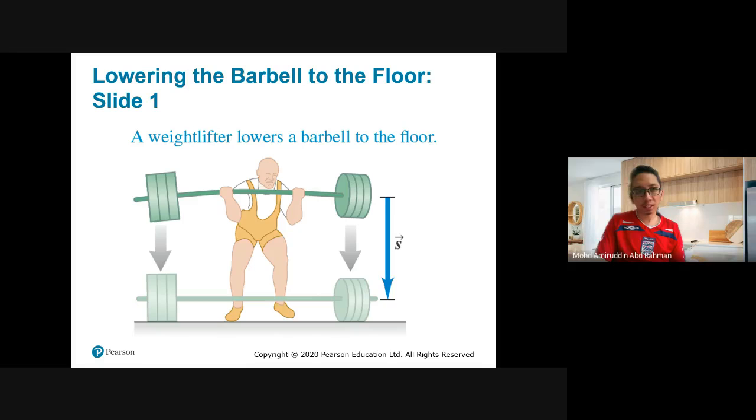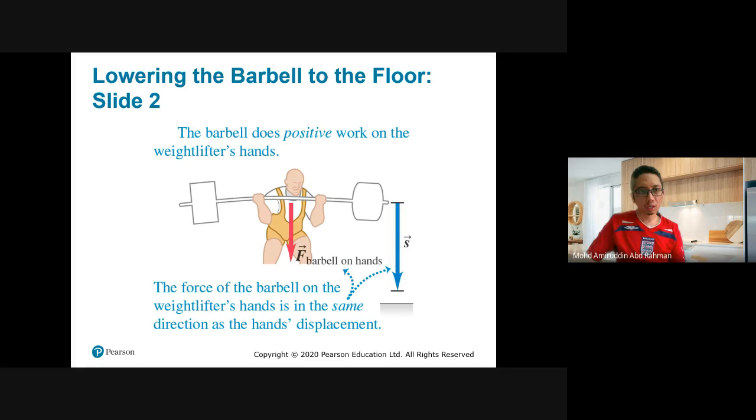Okay, let's say now the weightlifter lowers the barbell to the floor. The barbell does positive work on the weightlifter's hands. So the force of the barbell on the weightlifter's hand is in the same direction as the hand's displacement. So that's the force of the barbell on the hand.